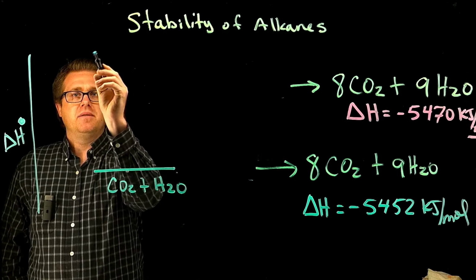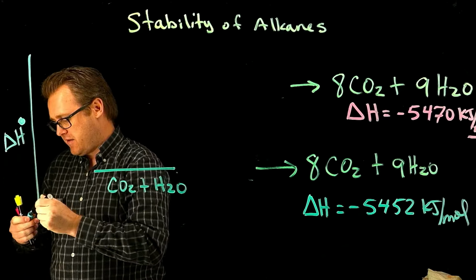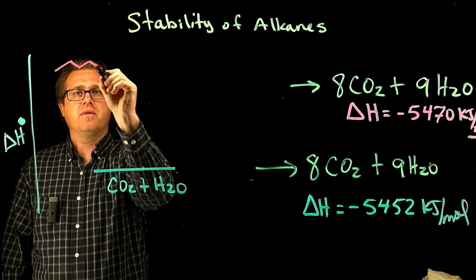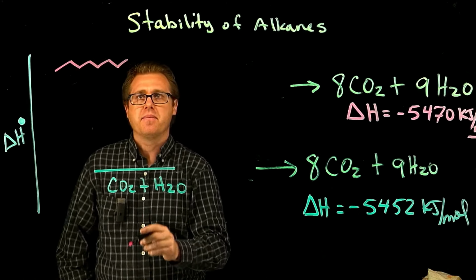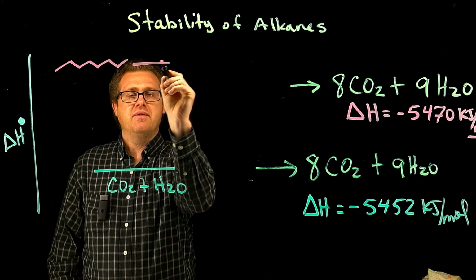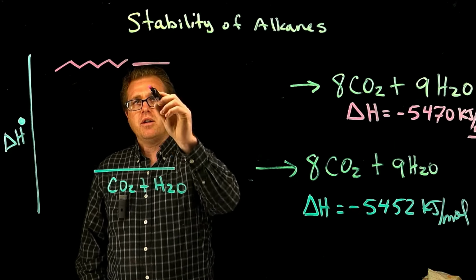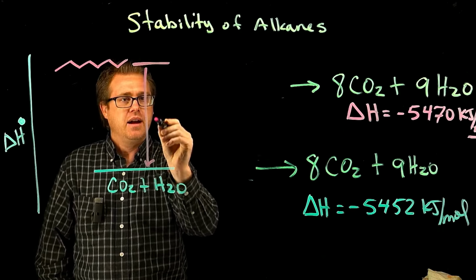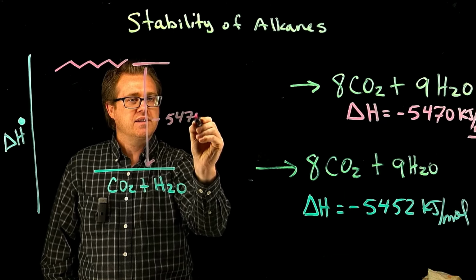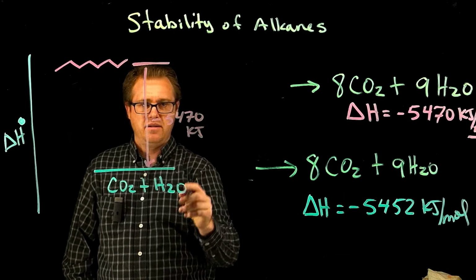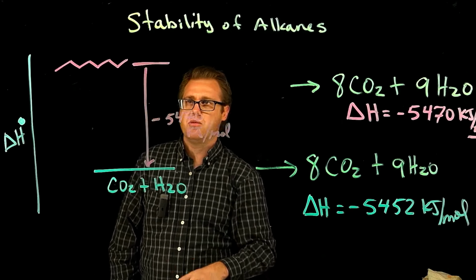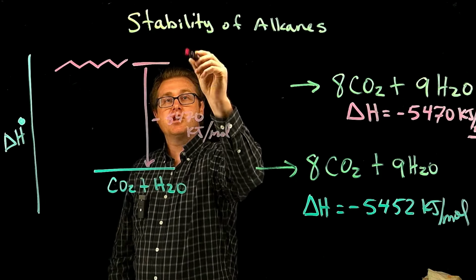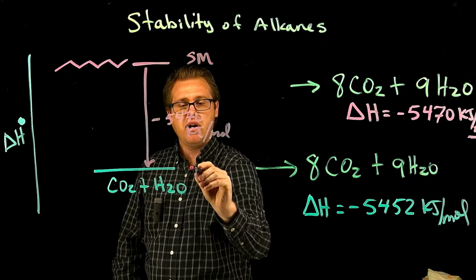So let's draw it here in a different color now. Here's our linear one, 1, 2, 3, 4, 5, 6, 7, 8. Okay, and we'll put its energy level right there. When it combusts, it released a negative 5,470 kilojoules of energy. Kilojoules per mole. That's the energy gap between the starting material and the product.